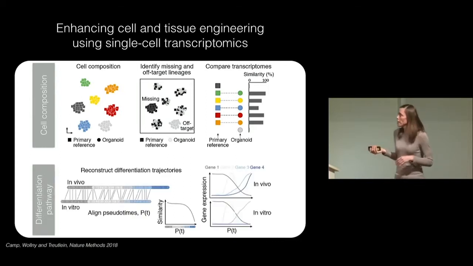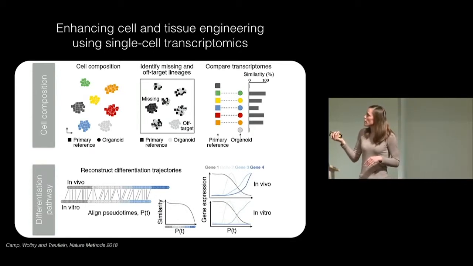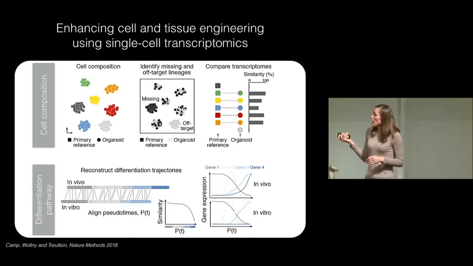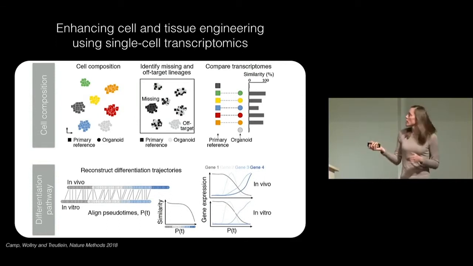What we can do as well with single-cell transcriptomics is reconstruct differentiation trajectories, and in this case we can map an in vivo trajectory with an in vitro trajectory and find out how the timeline matches and analyze similarity of cells.